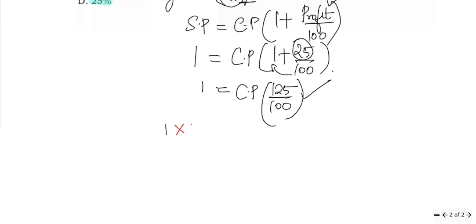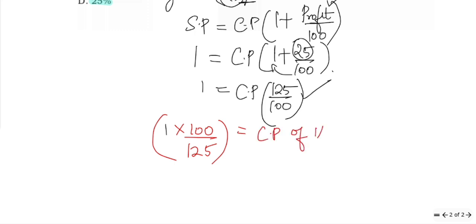It becomes 100 over 125. So that gives us our cost price of 1 liter of mixture. Here we can simplify it, and we get 4 over 5. So that is our cost price.